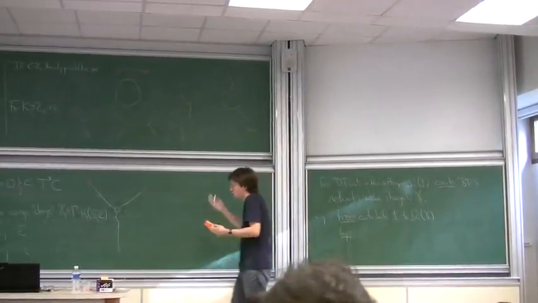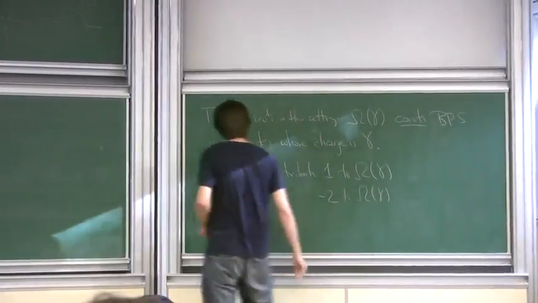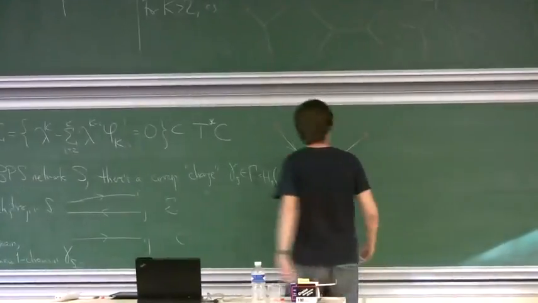Just isolated closed loops will contribute exactly the same as they did before, contributing -2 to omega of gamma. And I can make a conjecture about what the general thing will be.